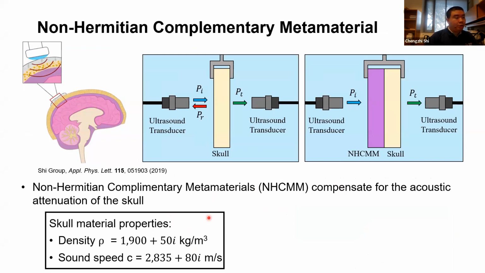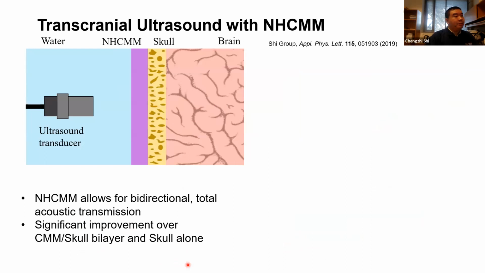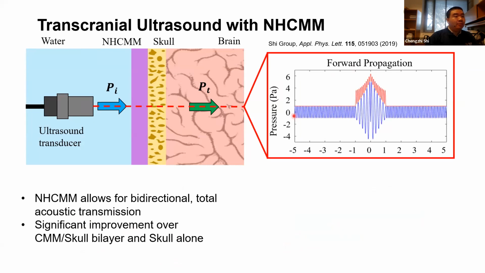So we choose to design our non-Hermitian complementary metamaterial using the parameters that are the direct opposite of the complex values of the density and the sound speed. Then let's see what happens in the transmission line. If we use this non-Hermitian complementary metamaterial and send the ultrasound at 1.5 megahertz through the bilayer, we can see a total transmission through the bilayer.